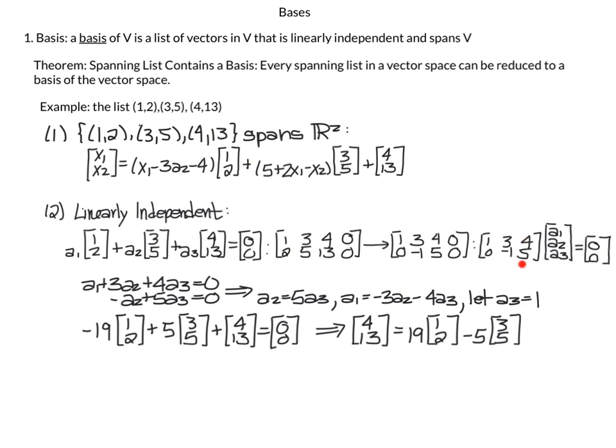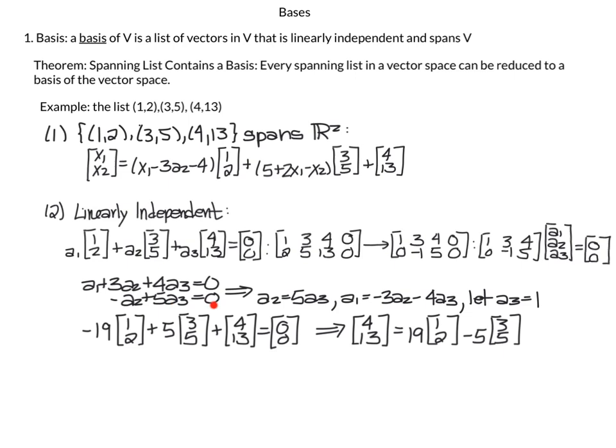I have my unknowns A1, A2, A3, and I have my solution vector 0, 0. So this gives me the equation, multiplying this row by this column, A1 plus 3A2 plus 4A3 equals 0. And my second equation, I get 0A1 minus A2 plus 5A3 equals 0.